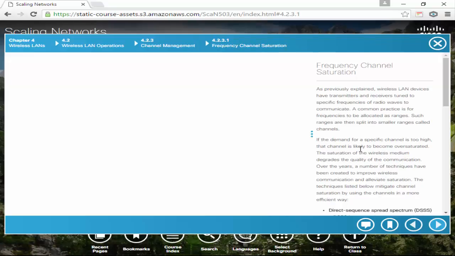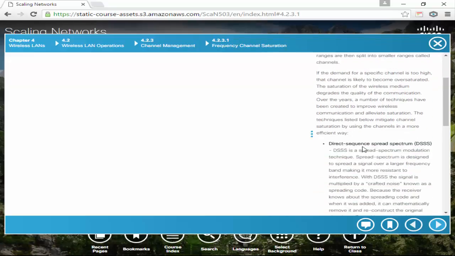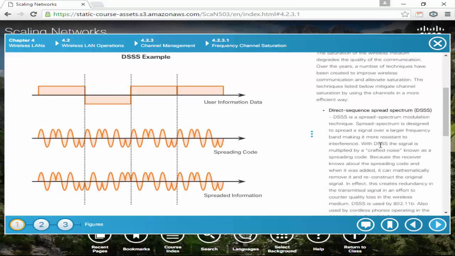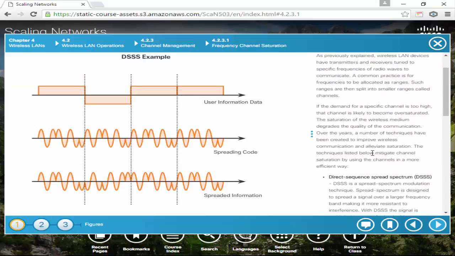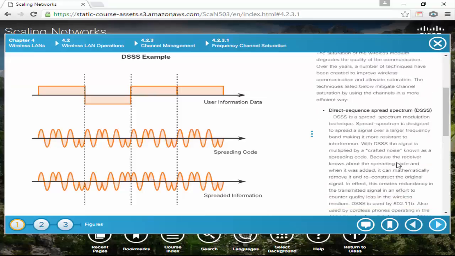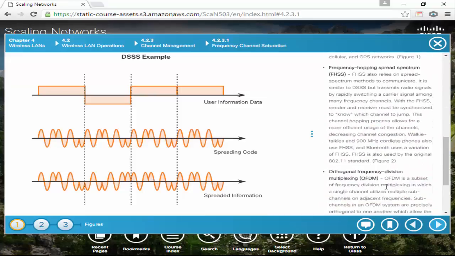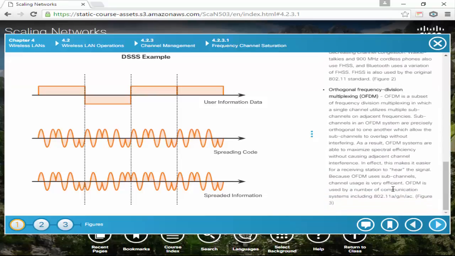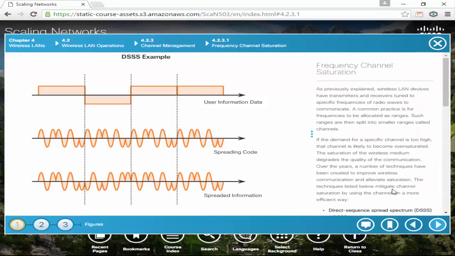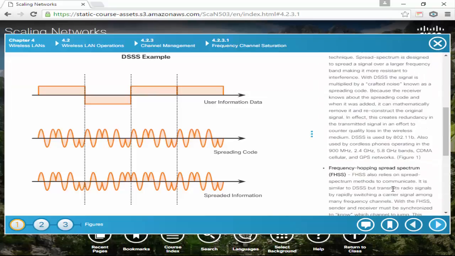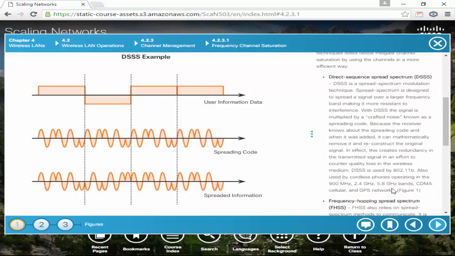Frequency channel saturation. Okay, so what they're talking about on here is DSSS, FHSS, and OFDM. This is how these different frequencies are sending their traffic. Okay, so we'll read about them.